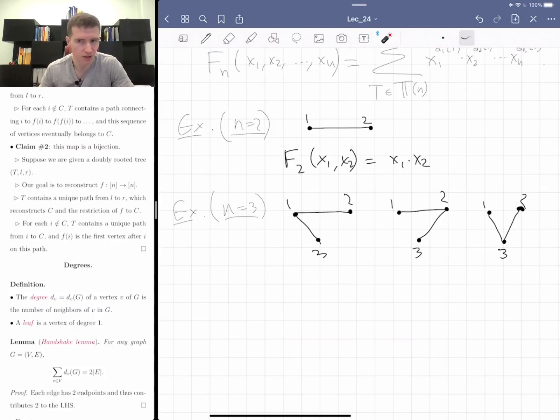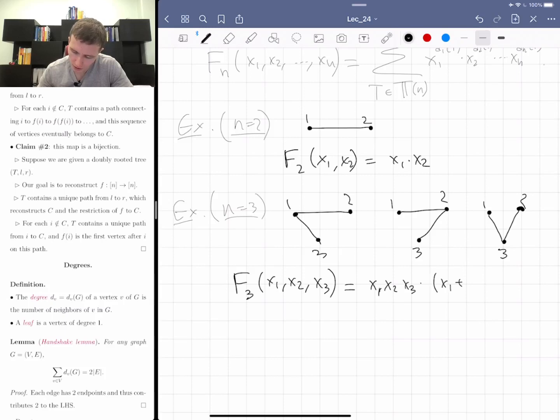The tree is connected, so each vertex has to have a degree at least 1. And here, for each of these trees, there is one vertex that has degree 2. So f sub 3 of x1, x2, x3 is equal to x1 x2 x3 times x1 plus x2 plus x3.